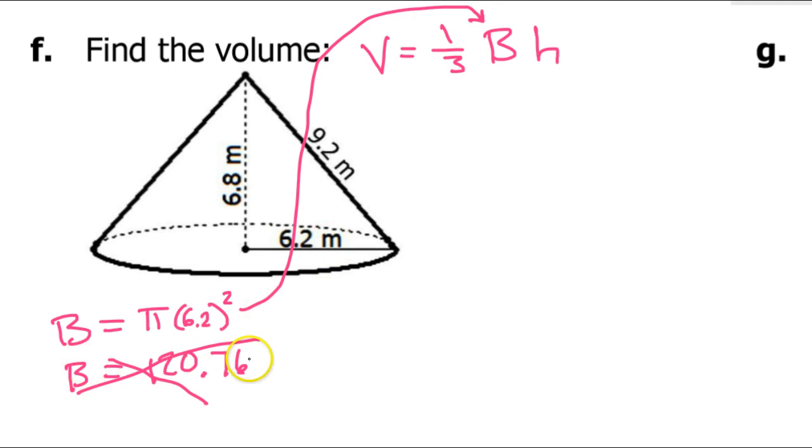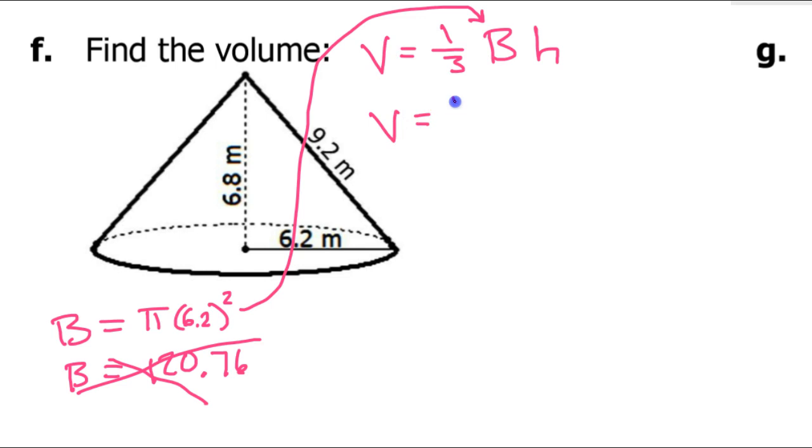Now, if this confuses you, you could probably plug in 120.76, and your answer might be close enough that you don't lose any points. But you might lose a half a point for a rounding error. So you can do that at your own risk.